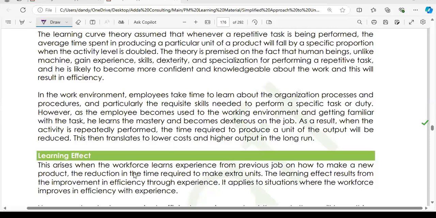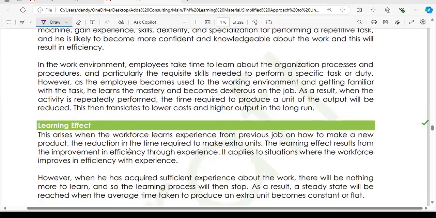An examiner can ask you to define learning effects, learning rates, learning curve, or learning curve theory. That's why it is important to know all of them. What do you mean by learning effects?